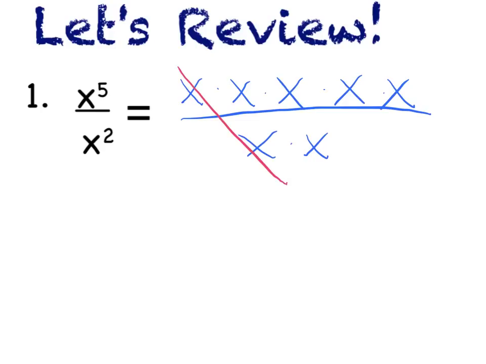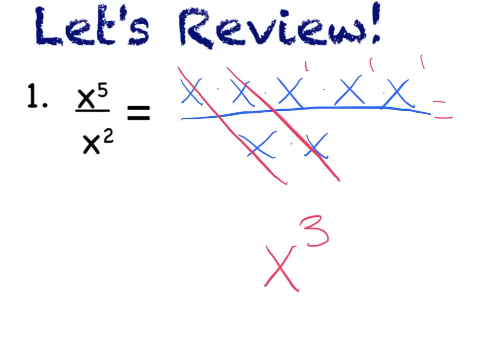So I can cross off as many common factors as I have. And this is going to leave me with x times x times x, or from the product rule that we learned about first in the instructional video, we could simplify this by writing it as x to the power of 3. Because when I'm multiplying, I add my exponents. And I'm just putting ones here to remind me that this is 1 plus 1 plus 1, which is going to give me x to the 3rd power.